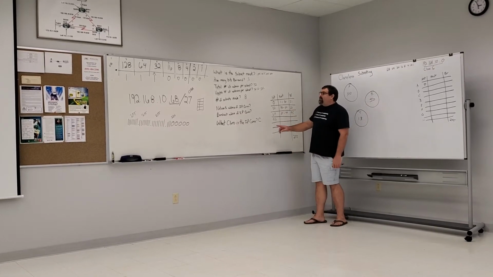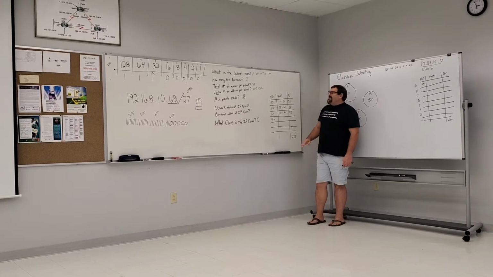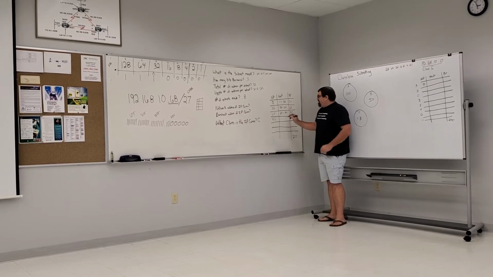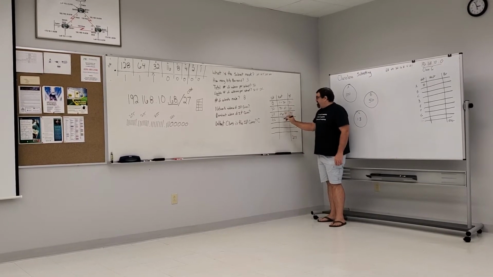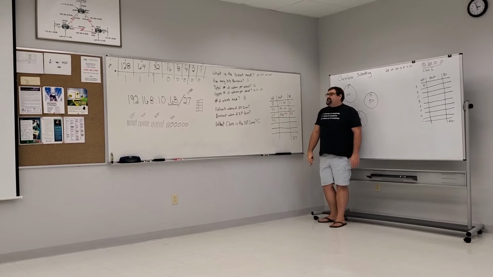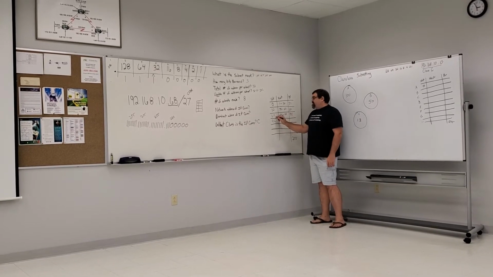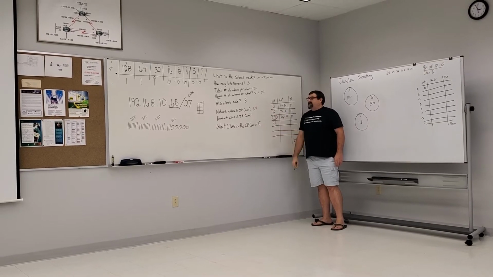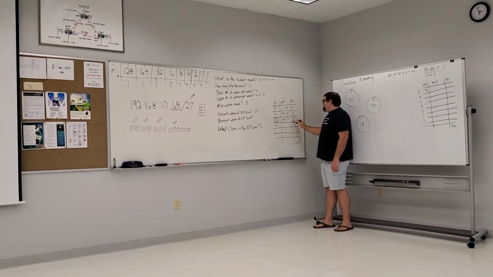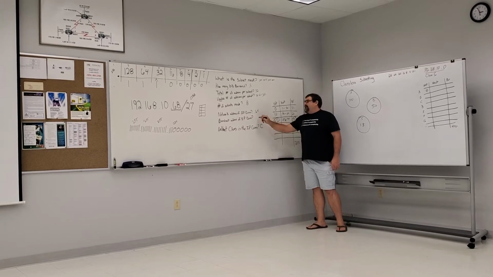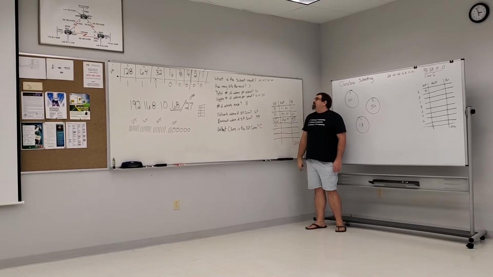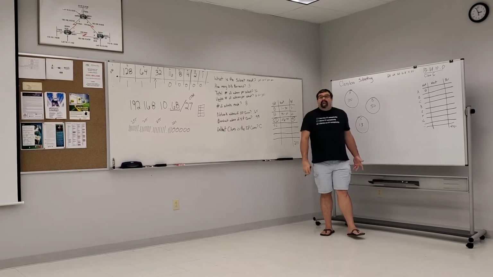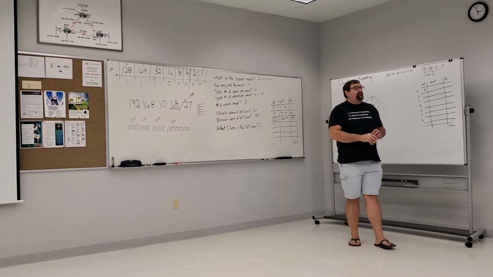Okay, so now I can say, where is 68 in my chart? 68 is probably going to be right there. So then that tells me, what's my network address? Dot 64. What's my broadcast address? Dot 95. And that's it. That's it.